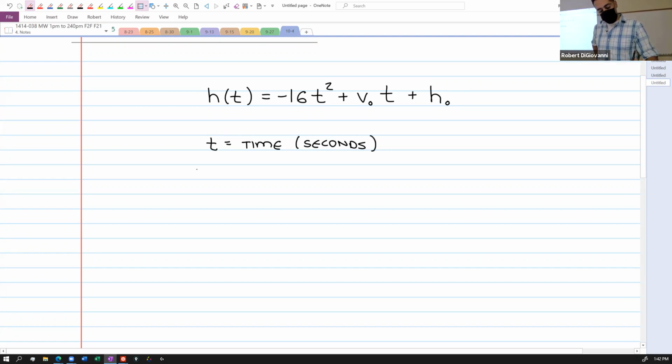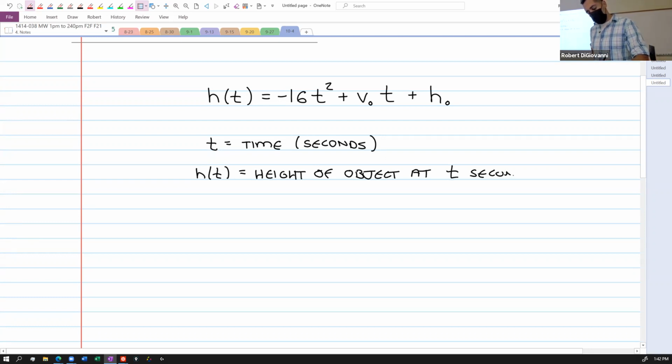H of T, which is the left side of the equation, is the height of the object at exactly T seconds. T is a variable. You plug in a value of T, let's say 5 seconds, and this formula should spit out exactly how high the object is off the ground after 5 seconds.